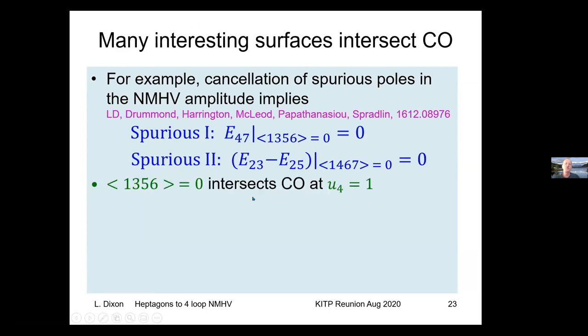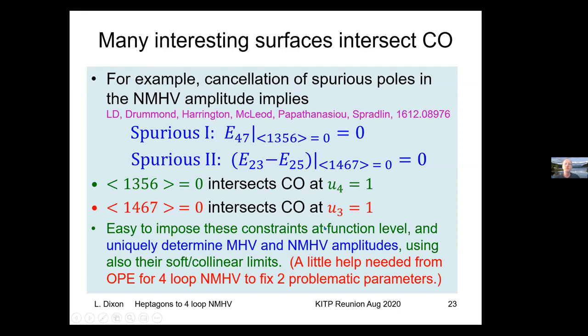And those surfaces intersect the CO surfaces at particular lines, like U4 equals 1 or U3 equals 1. And so we can apply these conditions on the CO surface and fix all zeta values attached to the amplitudes in that way, as well as using soft and collinear limits.